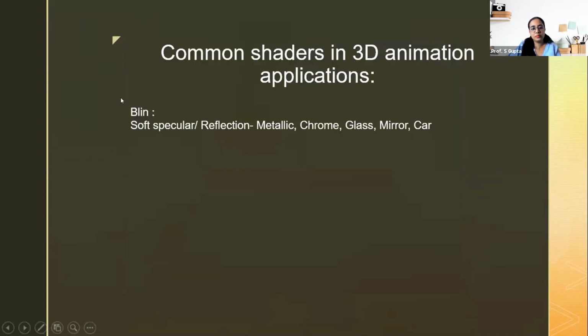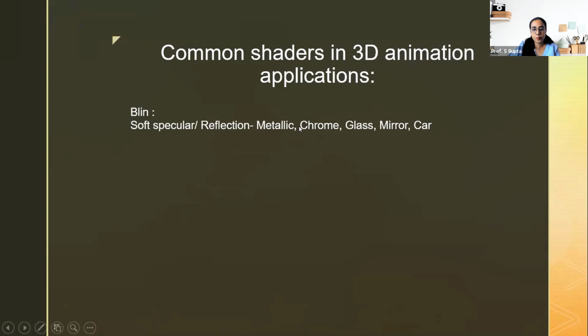Next, we have Blinn, the most used material, because almost everything we have has some sort of shine in it, right? So Blinn has a soft specular and reflection at the same time. Anisotropic doesn't reflect things. Blinn we use to get reflection. I can say that we can use Blinn to make a glass or mirror, and I am sure it's not wrong, right?